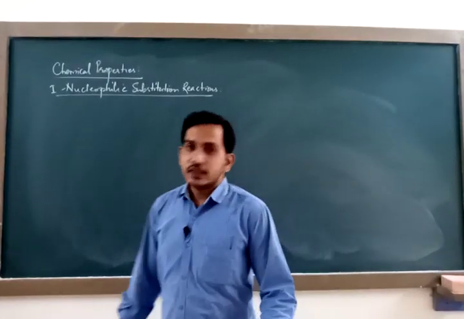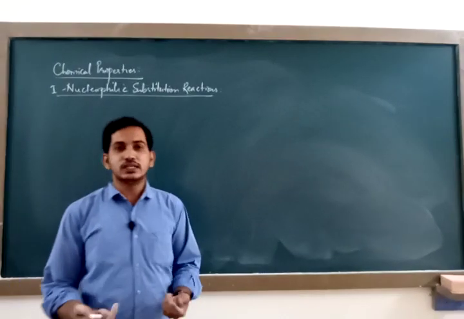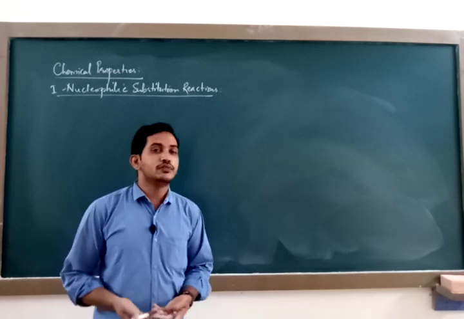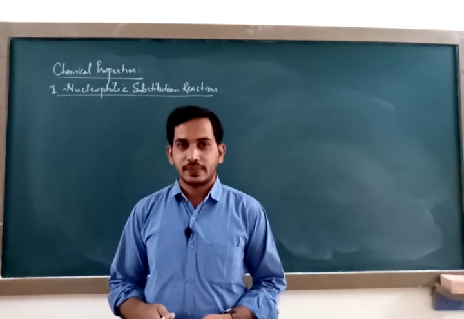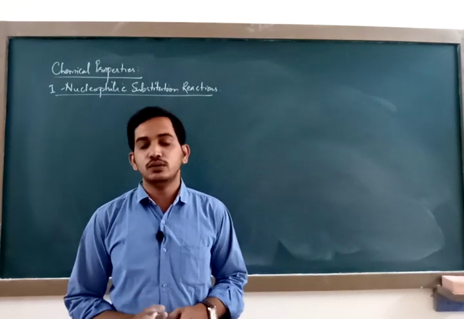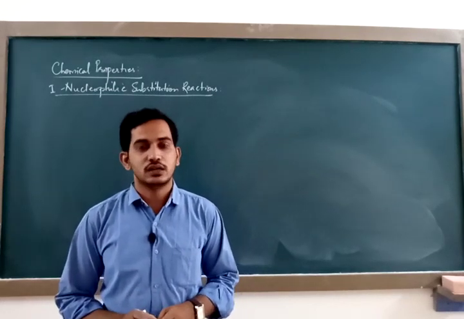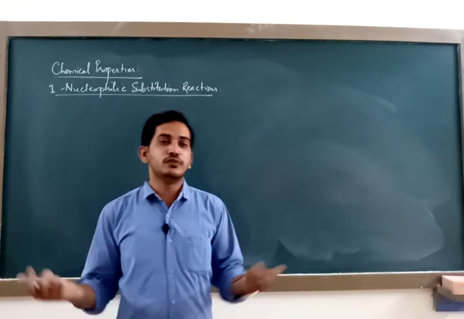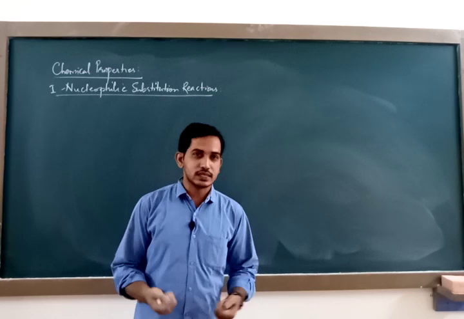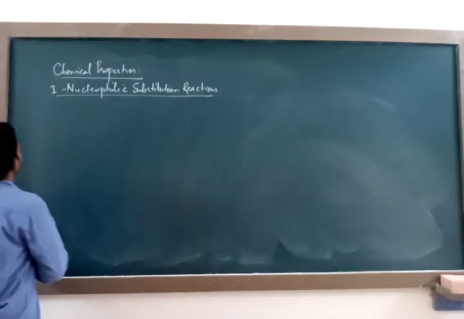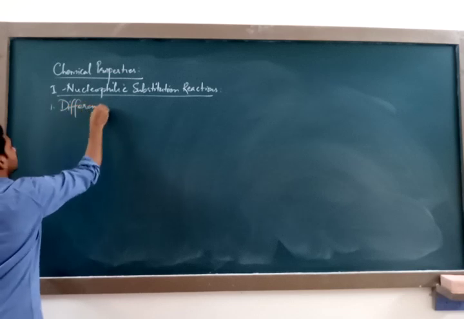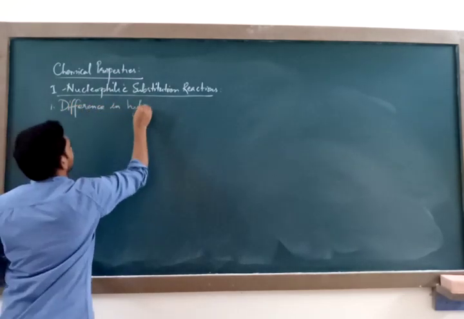Many times this question is asked in the form of give reason why haloarenes are less reactive towards nucleophilic substitution reactions. I mean to say, haloarenes do not easily undergo nucleophilic substitution reactions. Why don't they easily undergo them whereas haloalkanes easily undergo? There are four reasons. The first reason is difference in the hybridization of carbon atom.